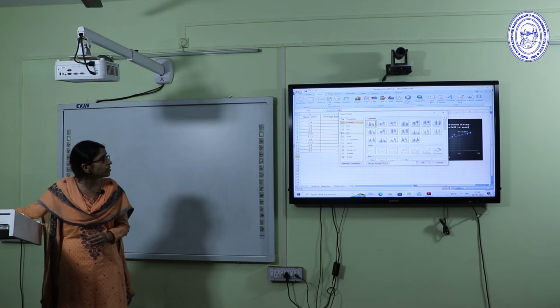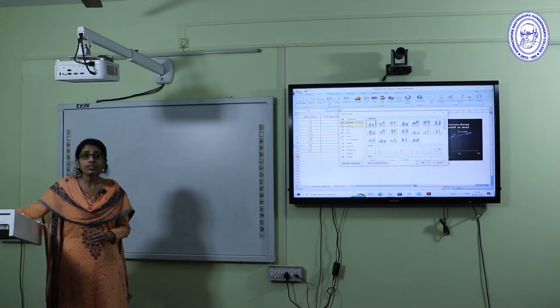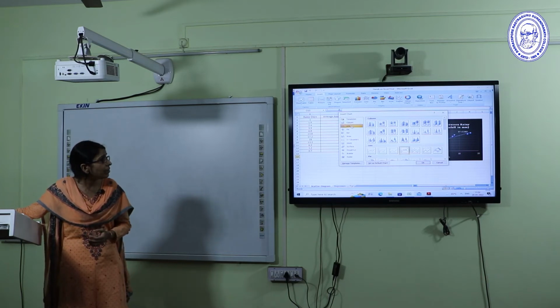There are different kinds of charts here. As we want to show the correlation with the help of the line graph method, we go through line.